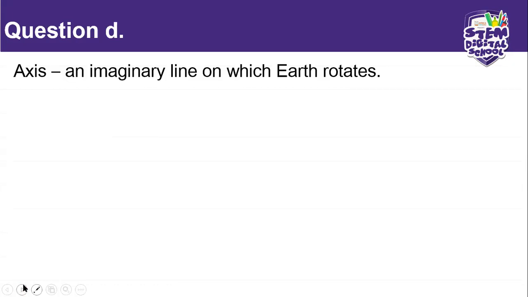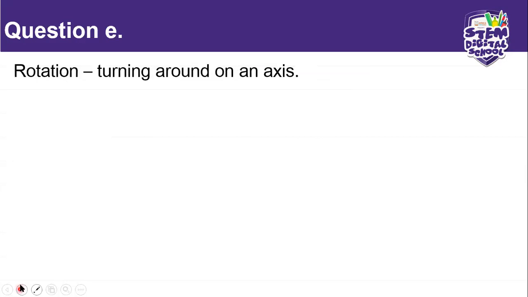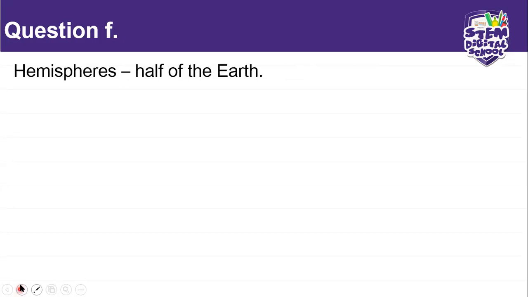E, rotation, turning around on an axis. F, hemispheres, half of the Earth.